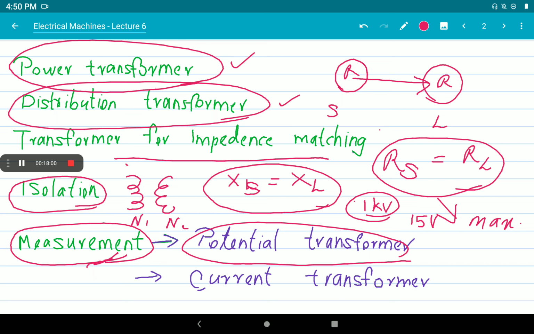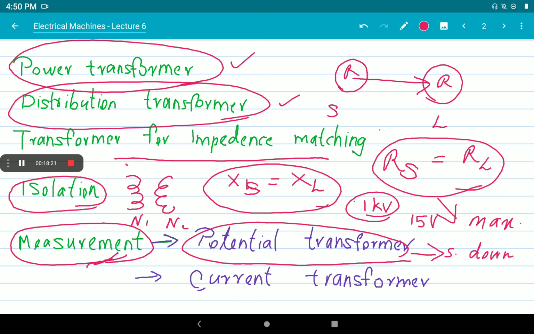Then I can read that voltage using a small voltmeter. So we have to step down the voltage to measure transmission line voltages, and for that we use potential transformers. It will be a step down transformer.